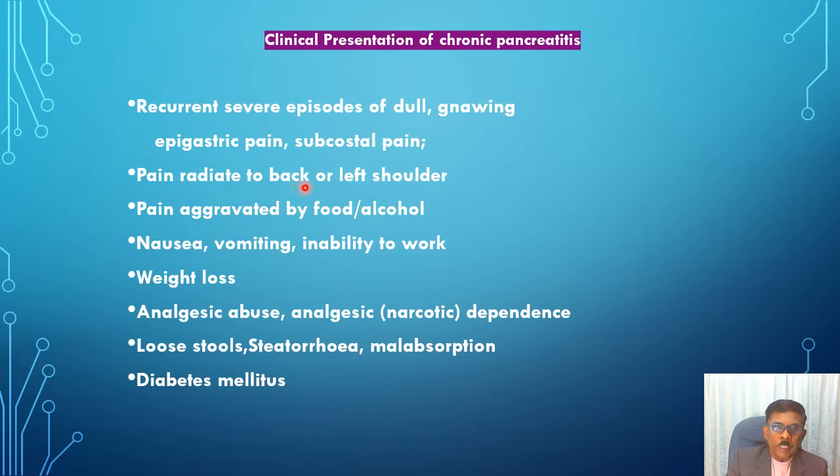Pain radiates to the back or the left shoulder, aggravated by food and alcohol, often accompanied with nausea, vomiting, progressive weight loss, and inability to work. Analgesic abuse, especially narcotics dependence, loose stools with steatorrhea, oily and malabsorption, and diabetes mellitus.